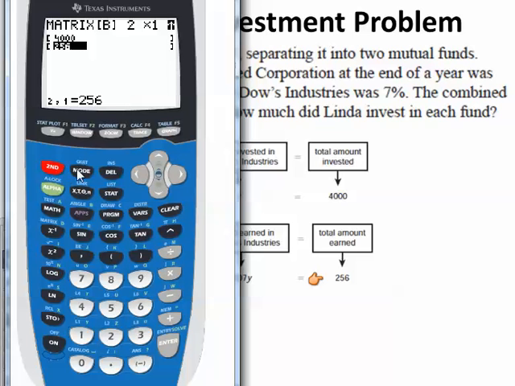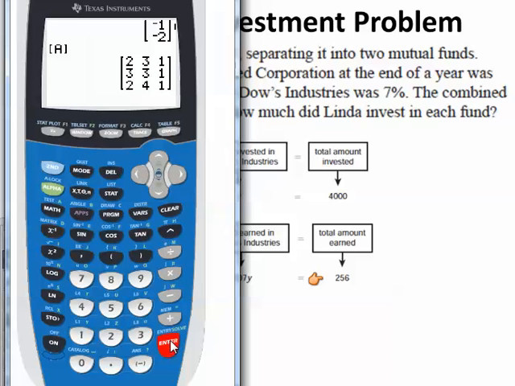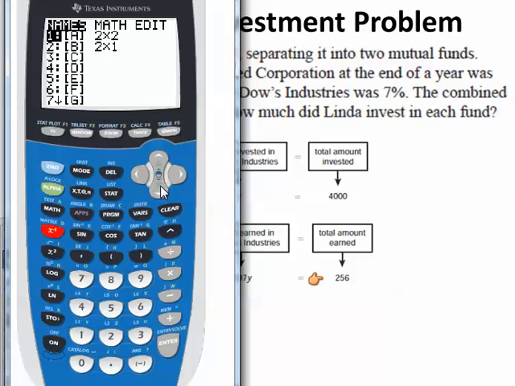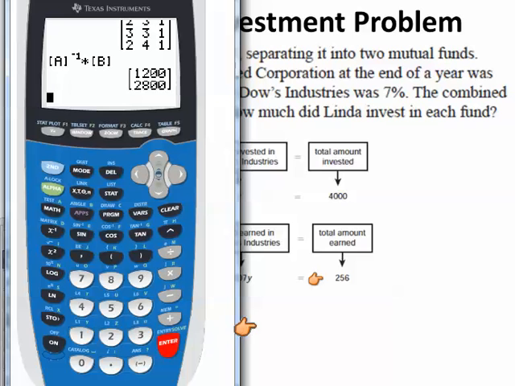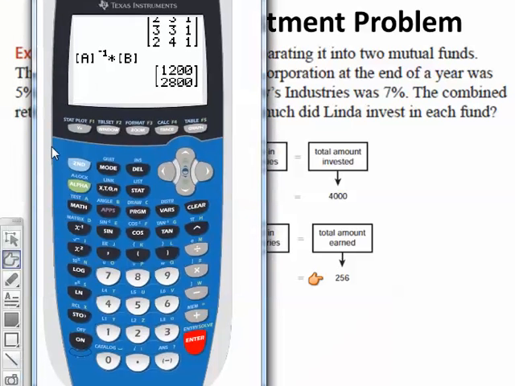And I'm going to press second quit, second matrix, A inverse times second matrix B, hit enter, and it's going to tell me that she invested 1,200 in X and 2,800 in Y. See how the calculator helped us solve that?